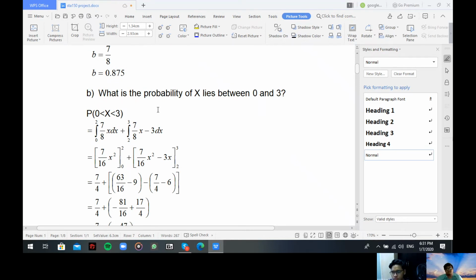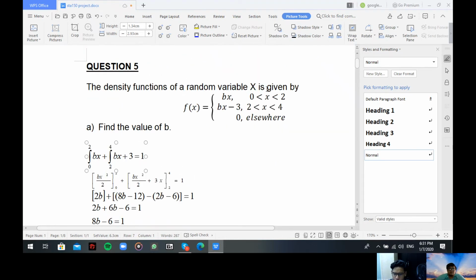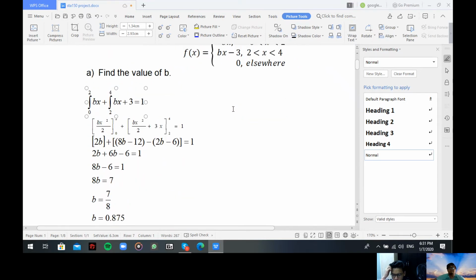The question B. What is the probability of x lies between 0 and 3? Which means the range of x is 0 until 3. You have 0 until 2, but also 2 until 4, so you need to use the two f(x), which are bx and bx minus 3.